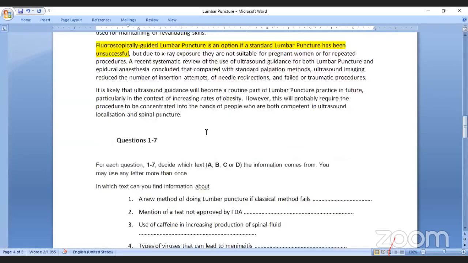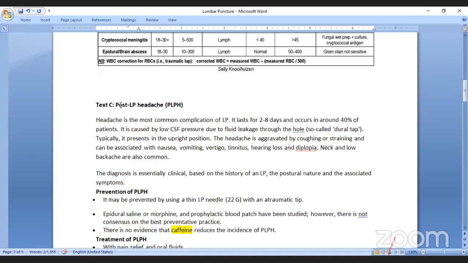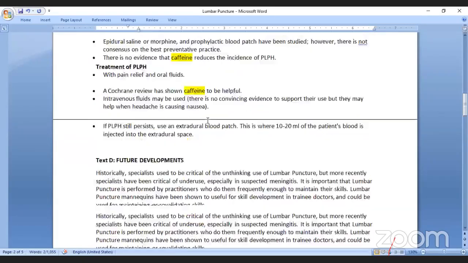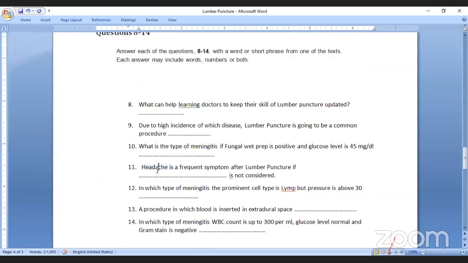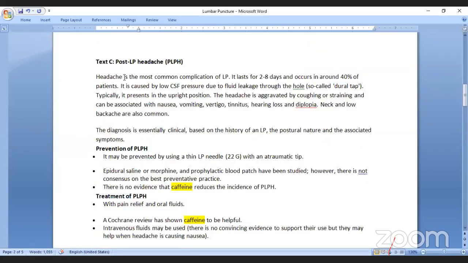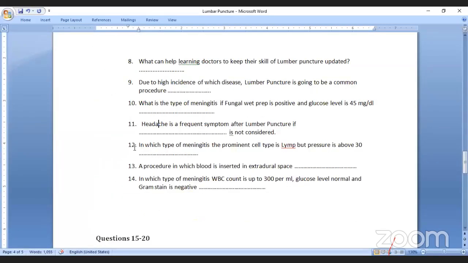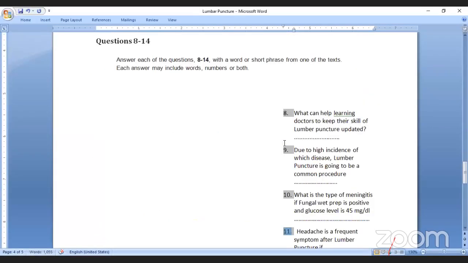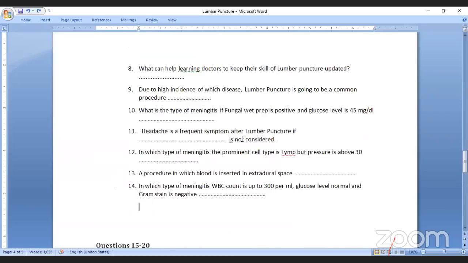And if you see here, this heading is post LP headache. So most probably 90% of you, after reading question number 11, will go to text C.